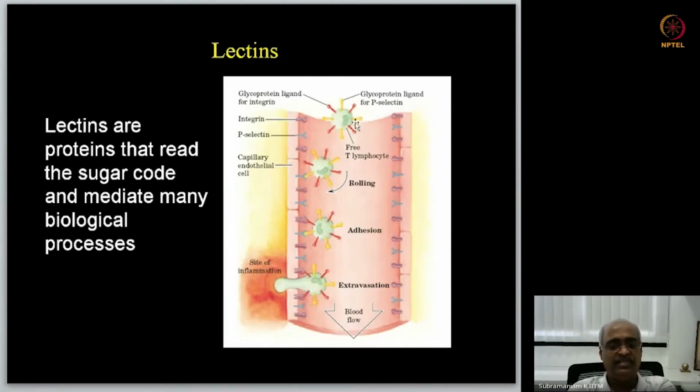So that is how this recognition property of oligosaccharides of glycoproteins, and the proteins that bind to them, like selectin in this case, are important in mediating biological processes. Many processes. In this particular example, the process is the immune response to an infection or a site of injury.